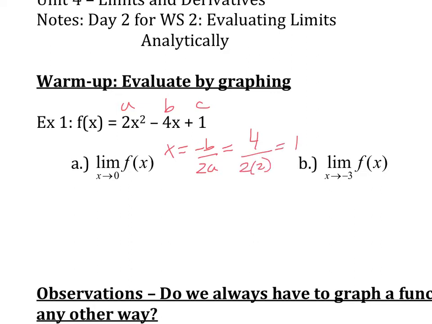So this tells me now that my vertex has an x value of 1, and if I plug in 1, I can find that the corresponding y value is going to be negative 1. Now when I go ahead and graph this function, its vertex is at (1, -1). Because my a value is positive, I know that it's going to be facing up.